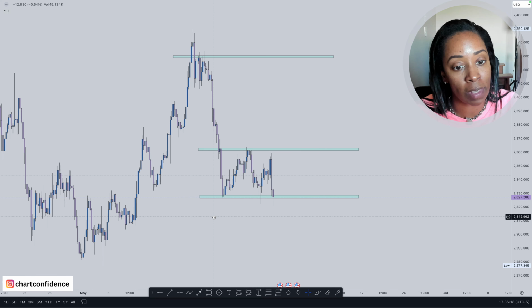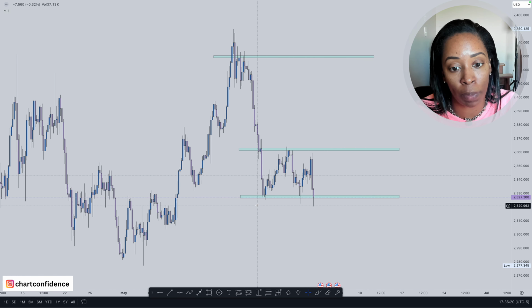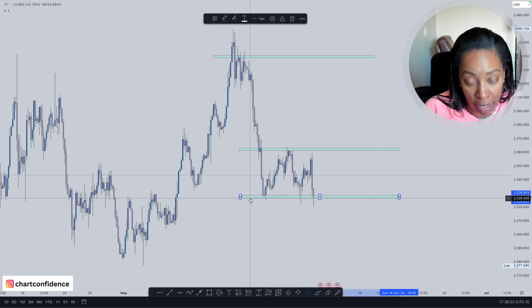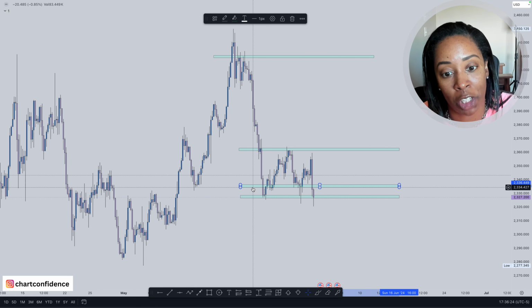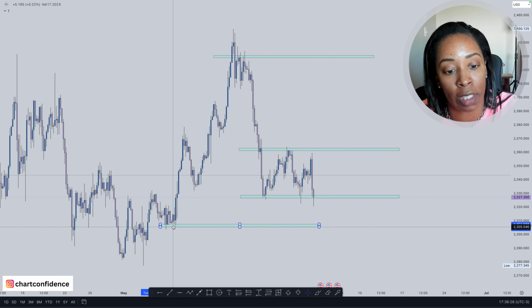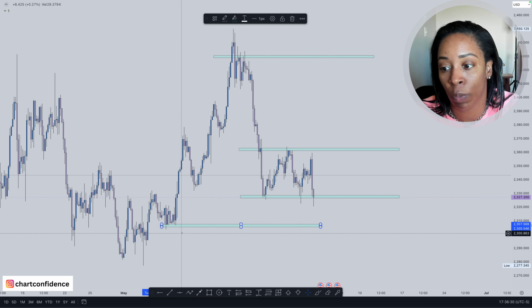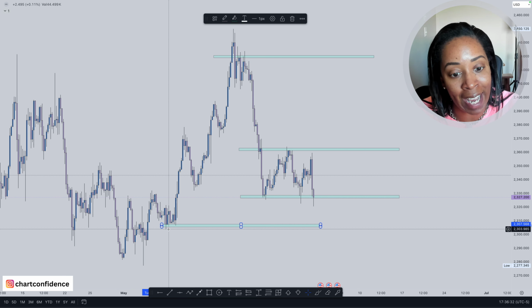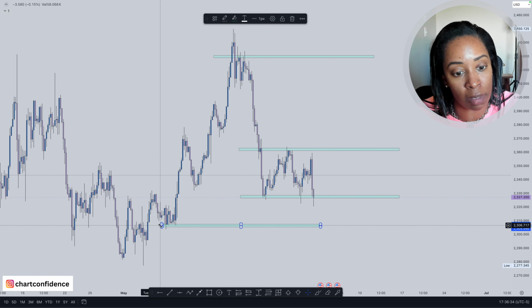Another thing I do want to mark off before we move to a lower time frame is another level, just because I like to plan for the upside and for the downside. So I do see this really strong level right here around 2300 flat. Let me see what it looks like if I drag this over.